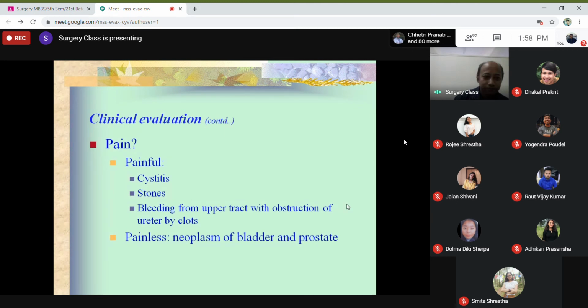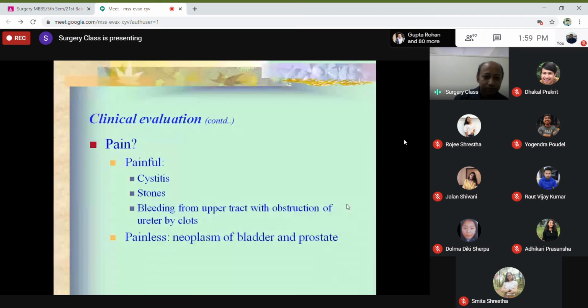If the hematuria is painful, that is associated with burning sensation or pain in the suprapubic region, then the most likely diagnosis is infection, cystitis, or there can be stones in the ureter and the patient is having colicky pain, or sometimes it's bleeding from the upper tract, like transitional cell carcinoma of the renal pelvis, and clot formation in the ureter is obstructing the ureter. That also gives rise to pain. So for painful hematuria, the differential diagnosis is either cystitis or stones in the ureter, or bleeding from the upper tract with obstruction of the ureter by clots.